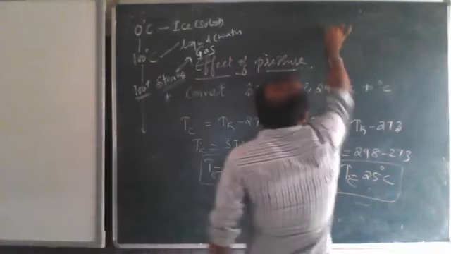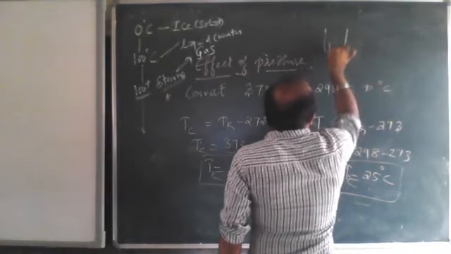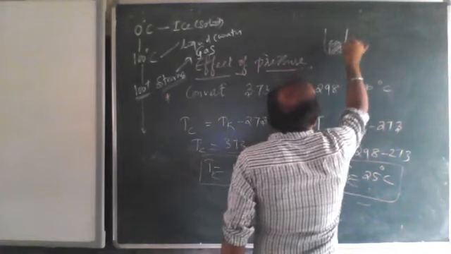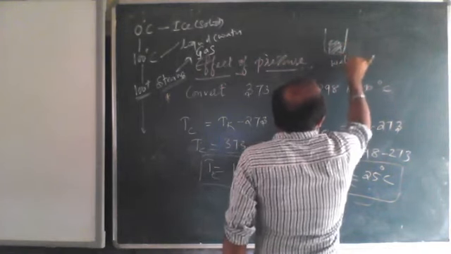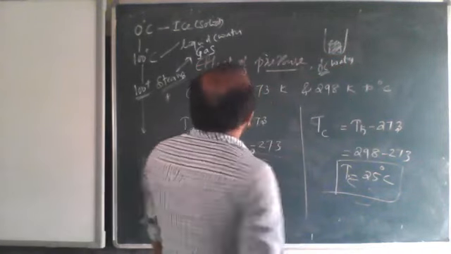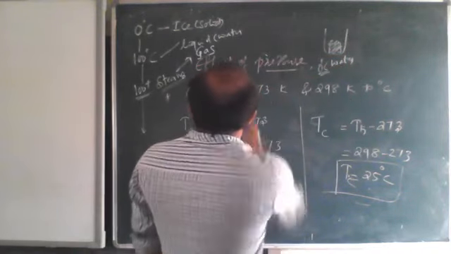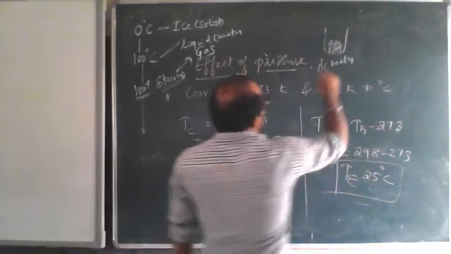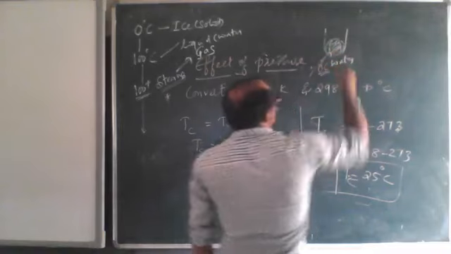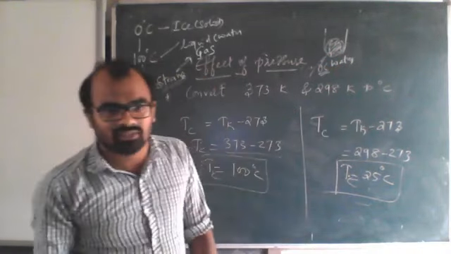Suppose ice is getting converted to water at 0 degrees Celsius. Below 0 degrees Celsius it is ice. From 0 to 100 it is water. So whatever the heat you are giving is used to melt the ice, the conversion of state.